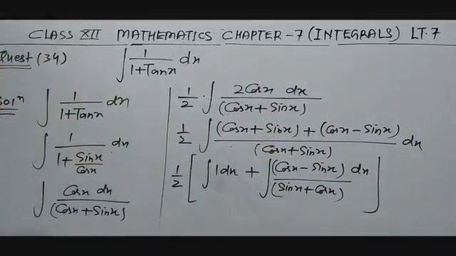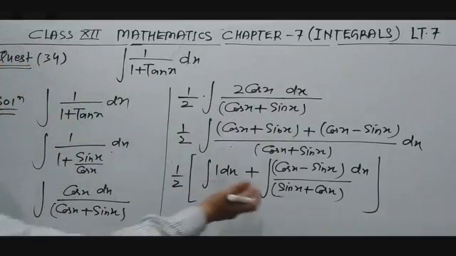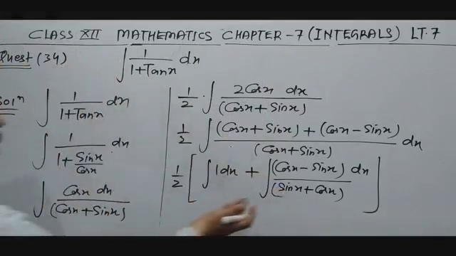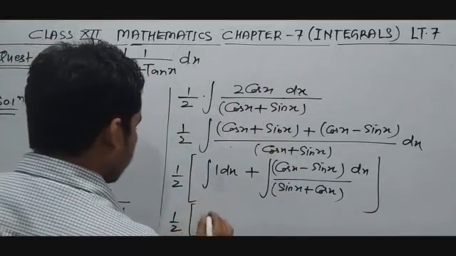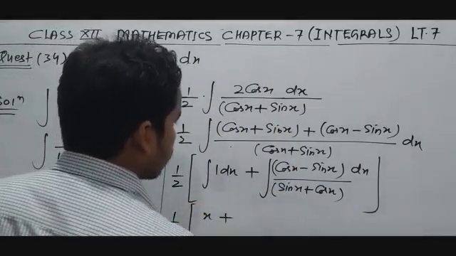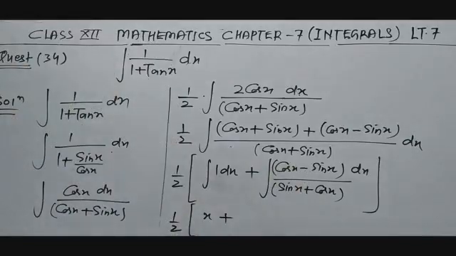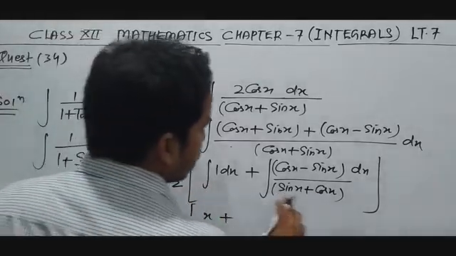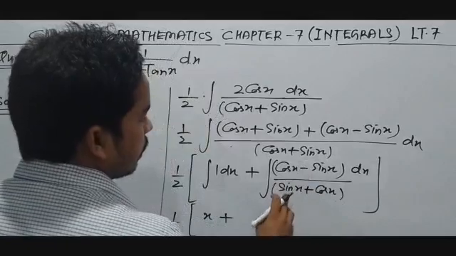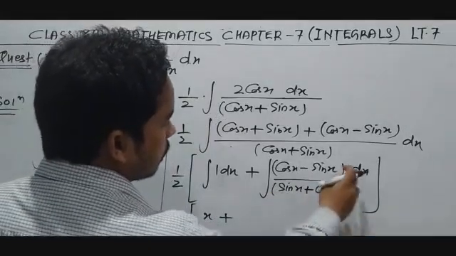Now after integration what will be the result? In the previous question number 33 I have completed this integral. So the result will be x plus, when you consider t, then 1 by t dt, this will be (cos x minus sin x) dx.